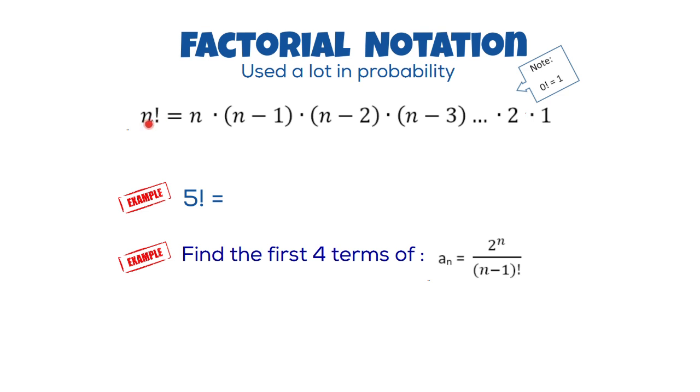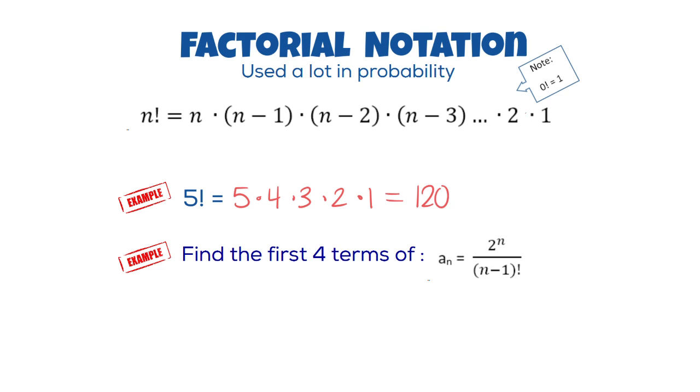When you have a number factorial, that means take a number times every number below it. Let's do 5 factorial. That just means take 5 times 4 times 3 times 2 times 1. And you end up at 120 when you do that.